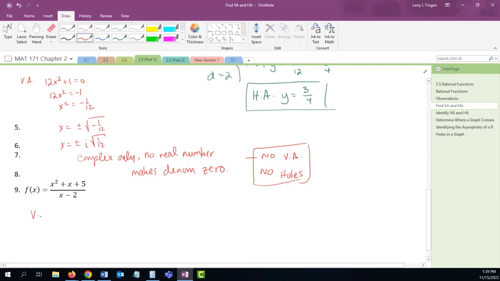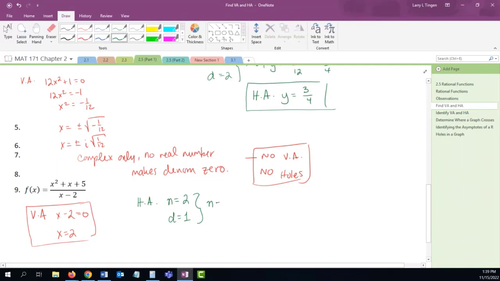So where are my vertical asymptotes? Got a vertical asymptote when x minus 2 equals 0, or when x is 2. How about that horizontal asymptote? Well, the numerator has degree 2, denominator has degree 1, and this is our first time.